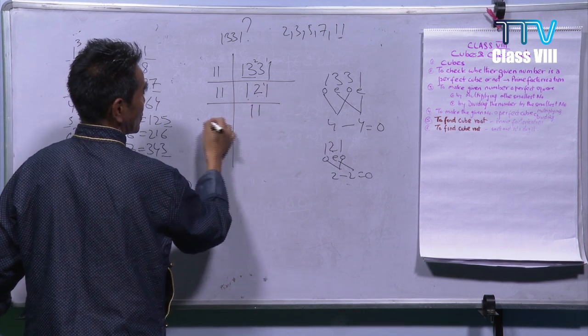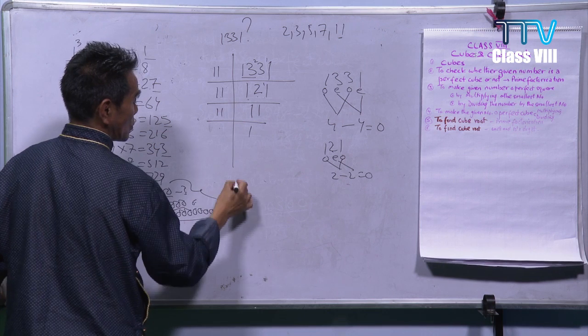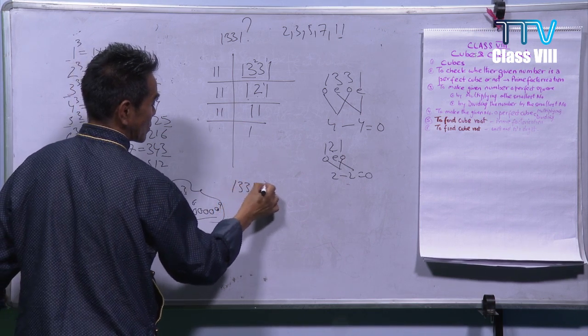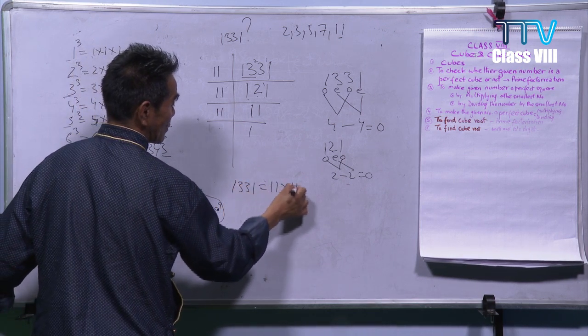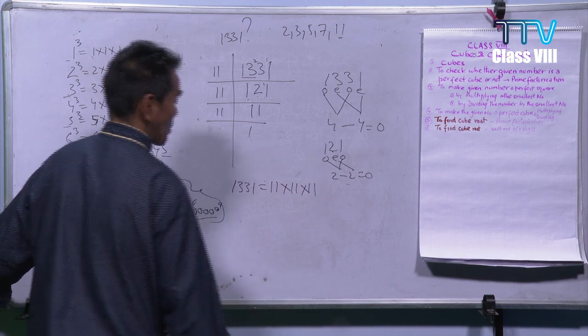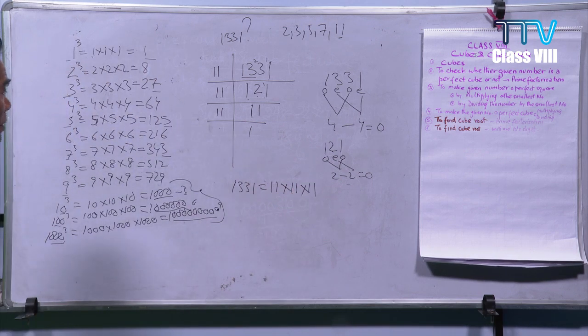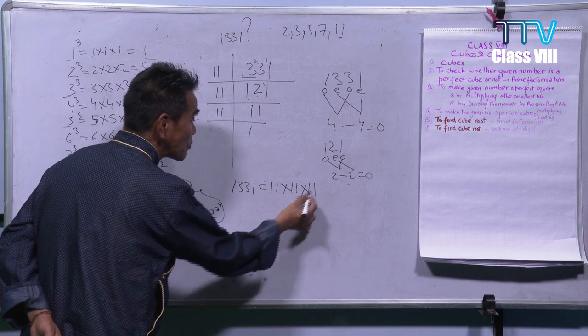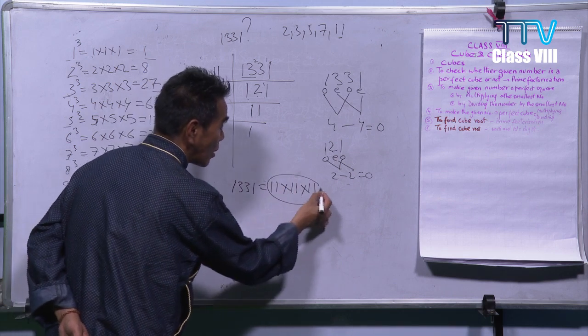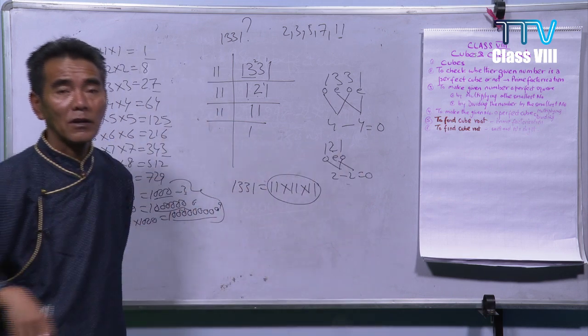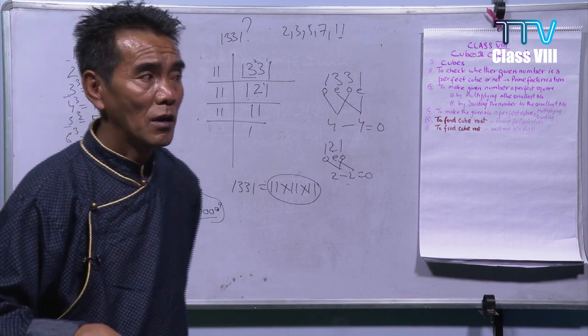So we get 121. Then 121 divided by 11 is 11, and 11 divided by 11 is 1. So 1331 is equal to 11 multiplied by 11 multiplied by 11. Then no factors are left over.